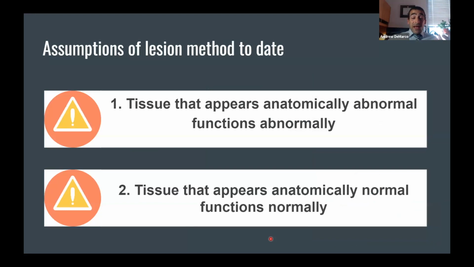By and large, however, the lesion method, whether it's going back to Broca or doing VLSM, has made these two major assumptions. The first assumption is that tissue that appears anatomically abnormal functions abnormally. And the second assumption is that tissue that appears anatomically normal functions normally.